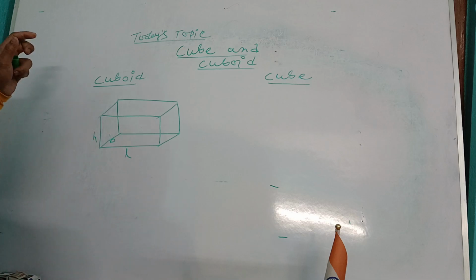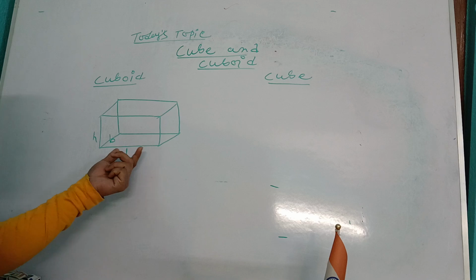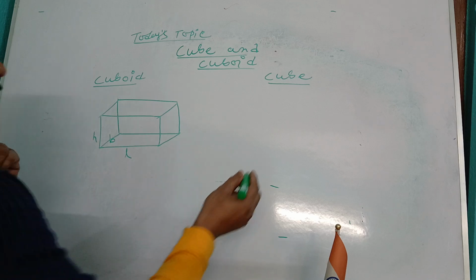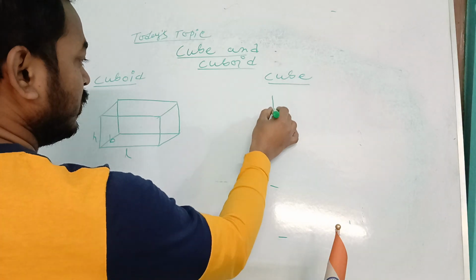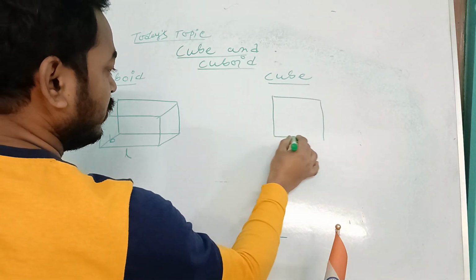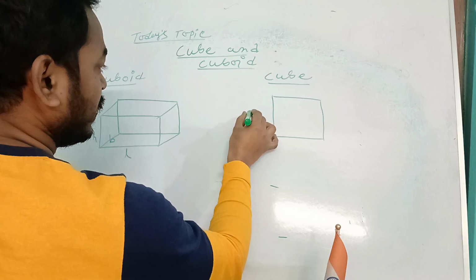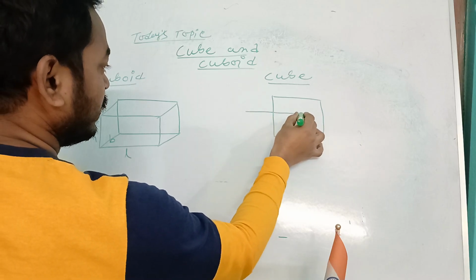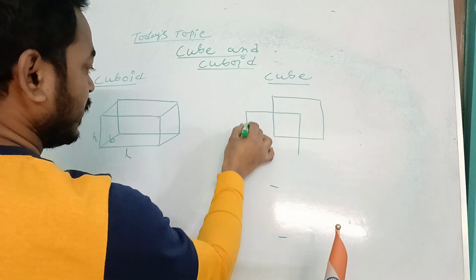Maybe breadth and height are the same, but one of the sides is unequal. But in case of a cube, all the sides are the same. There are a total of 12 sides, and all the sides are the same.